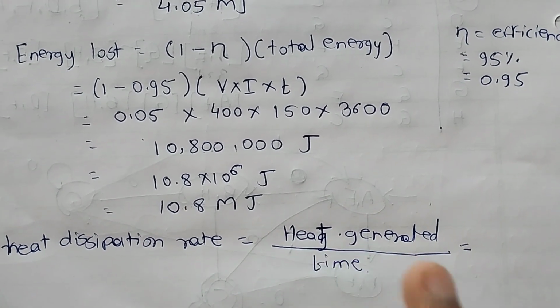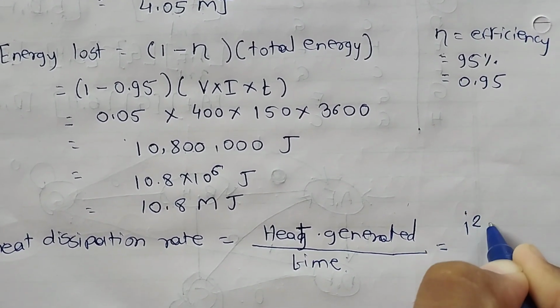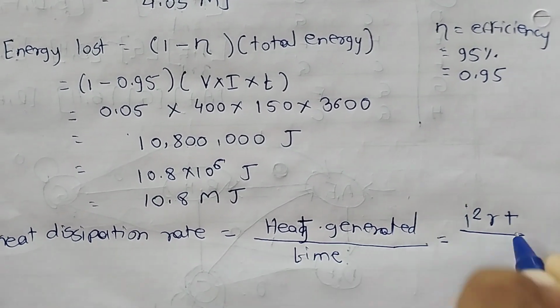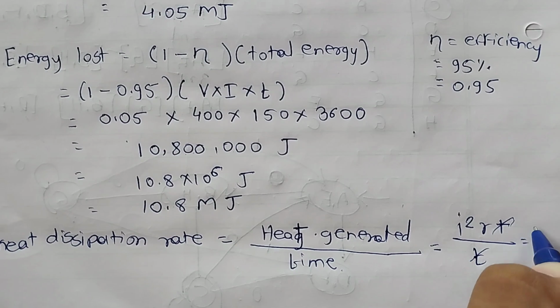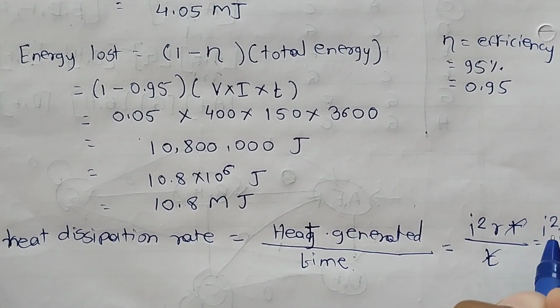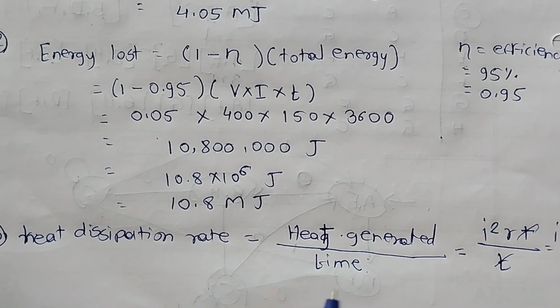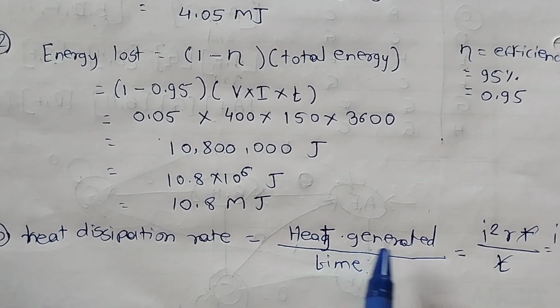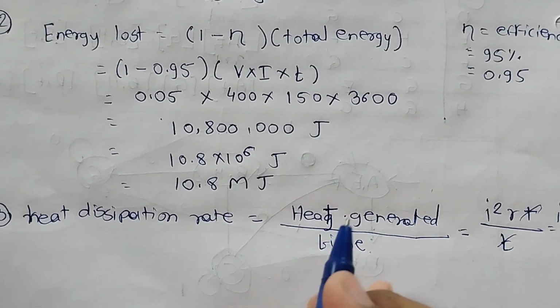If it is not calculated, use I squared R T, and this time is also T, so T gets cancelled and we only get I squared R. By using this I squared R you calculate the heat dissipation rate. But now here we calculated how much heat is generated, so we directly put the values.